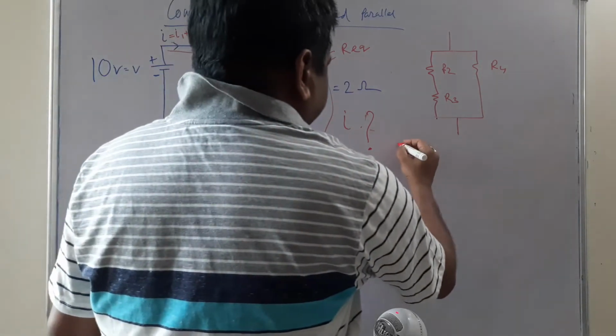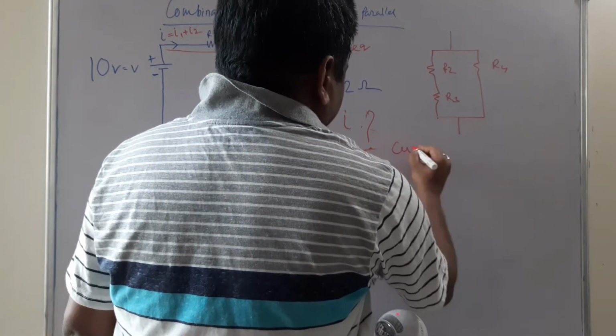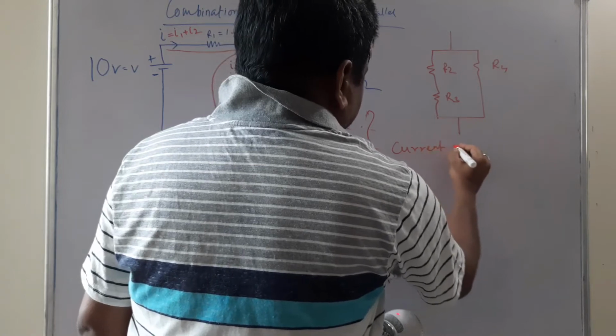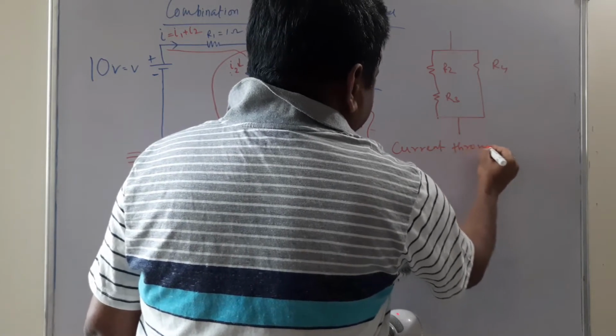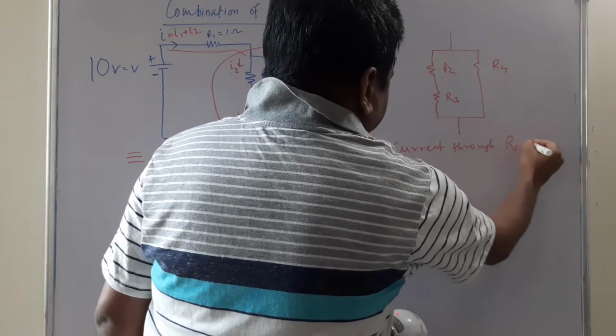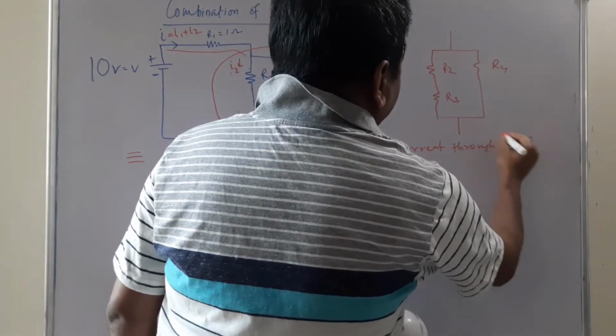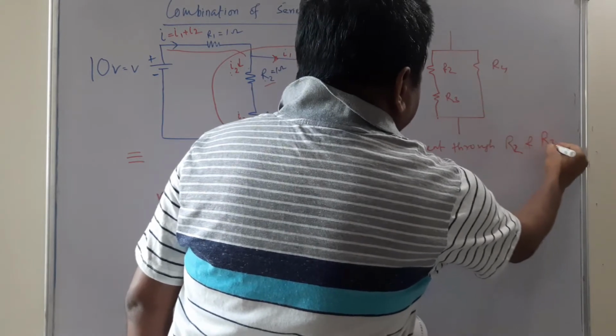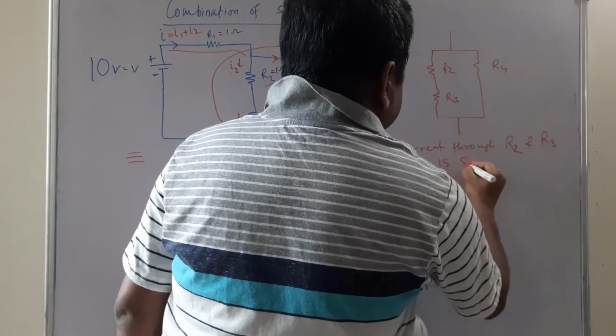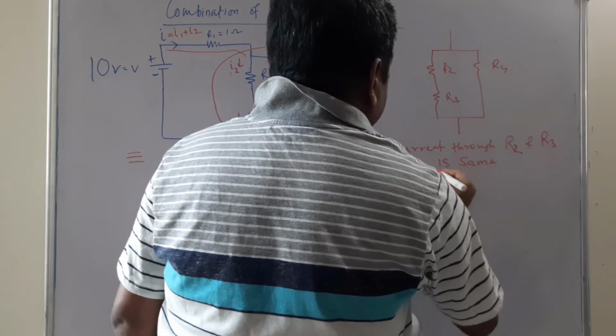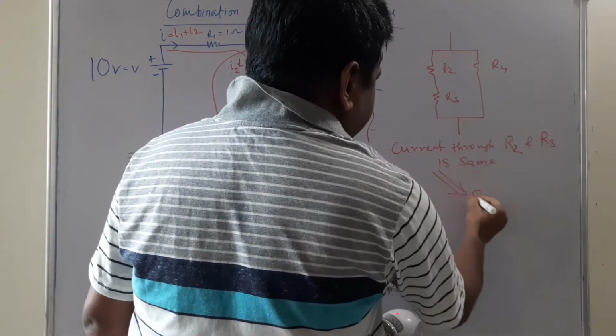So the current through R2 and R3 is the same. So it means this is series.